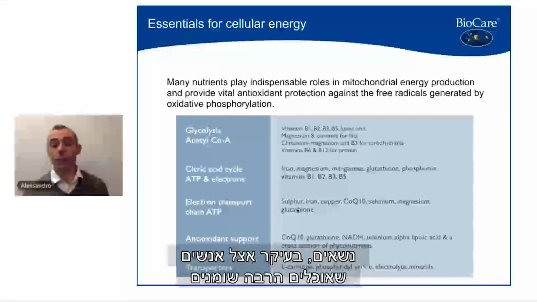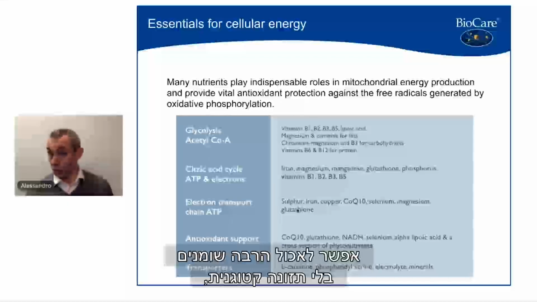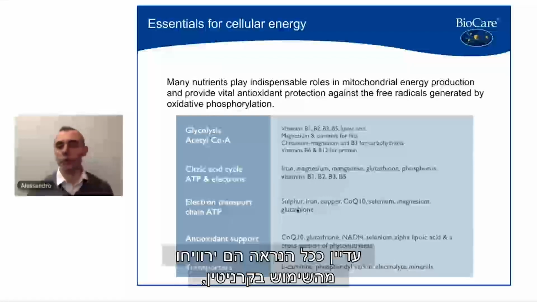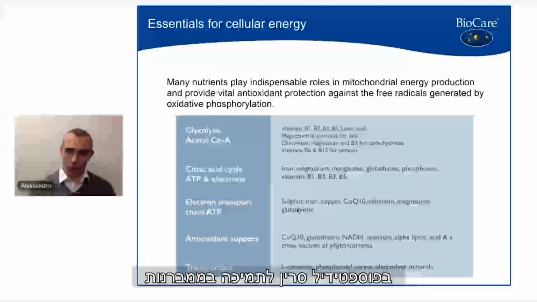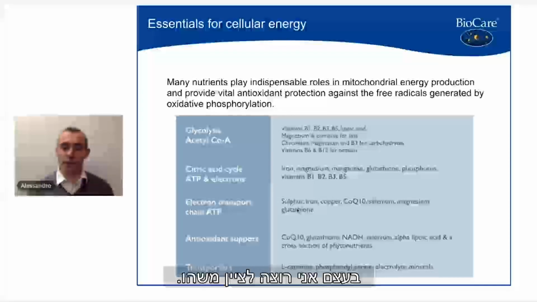Transporters, especially for people that are embracing a high-fat diet and or ketogenic diet, someone can be high fat but not ketogenic, still probably they would benefit from using carnitine, phosphatidylserine for membrane support, and electrolyte minerals. Actually, let me specify something.